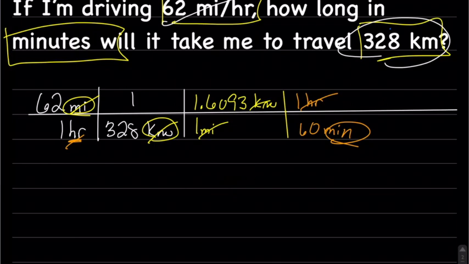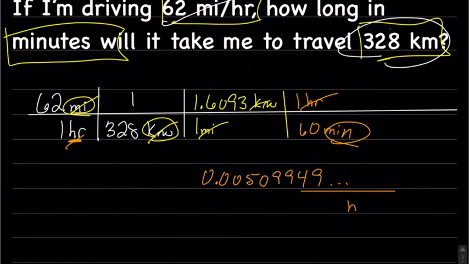I came up with 0.00509949, etc. per minute. Right, so all of this was over minute, which is not what I wanted. I wanted not per minute, but minute.